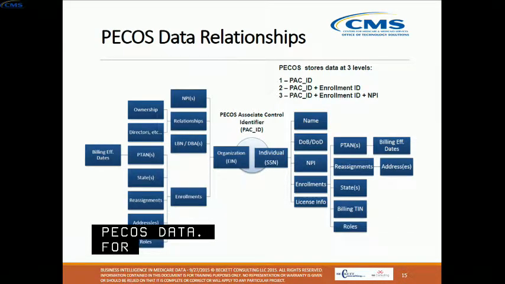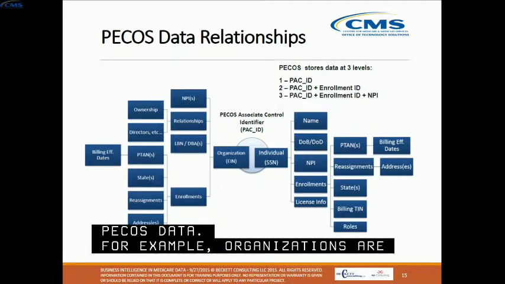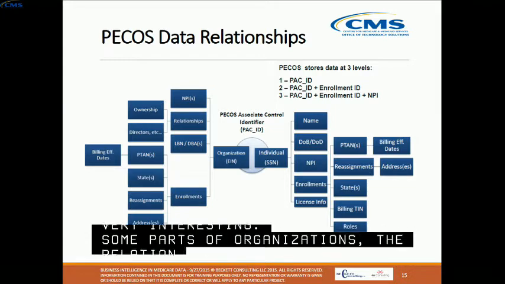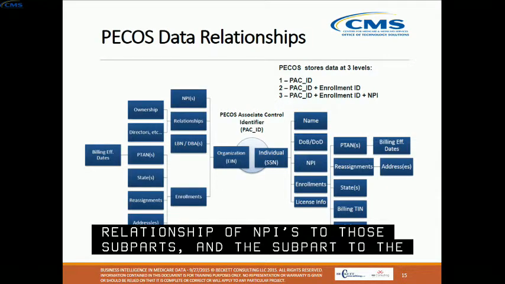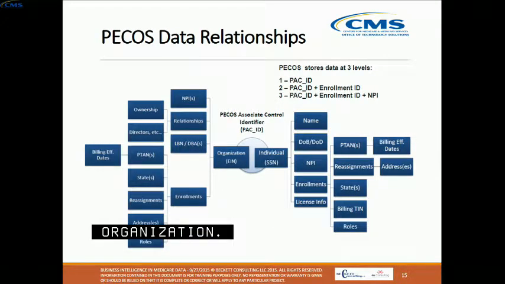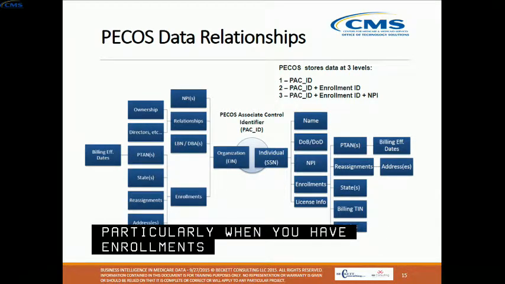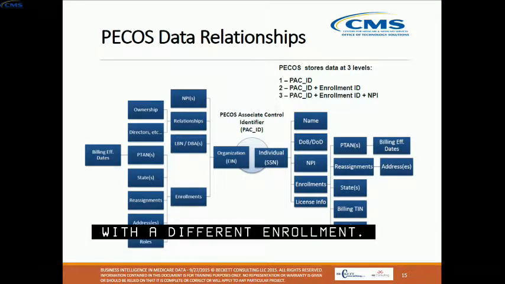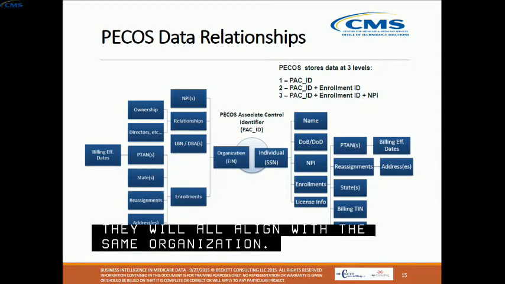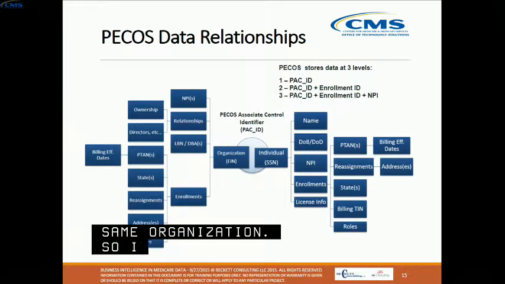The subparts of organizations, the relationship of NPIs to those subparts and those subparts to the EIN associated with an organization. Those all have ramifications, particularly when you have enrollments that may not list the same set of NPIs with different enrollments that are all aligned with the same organization. So that can be, in a word, complicated. And it is. And we need to have more time to unpack that.